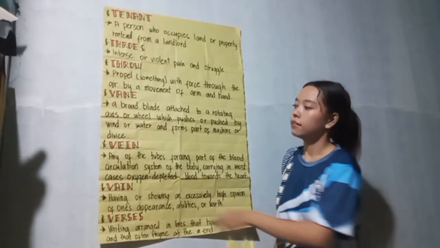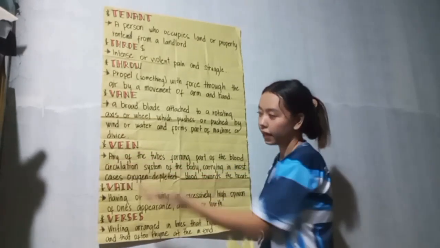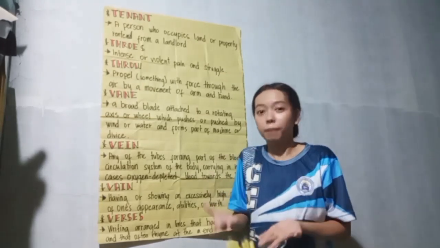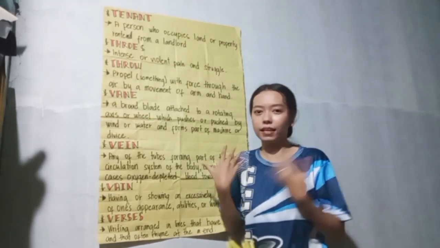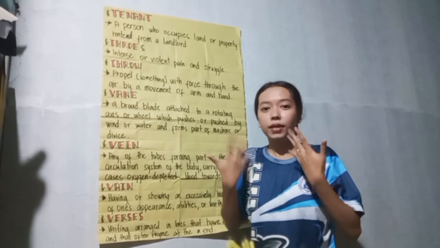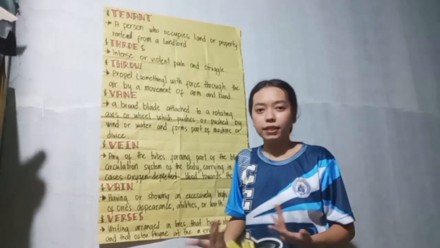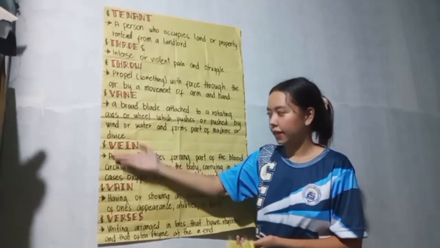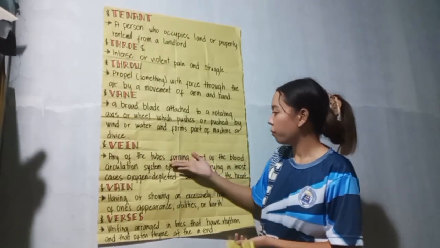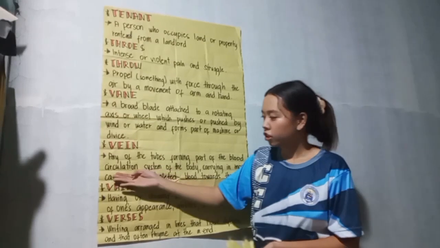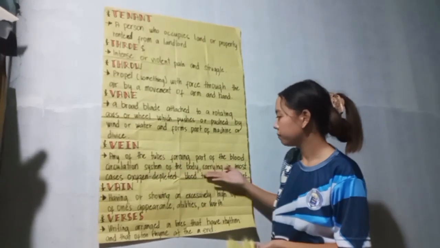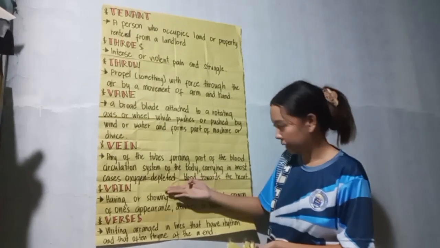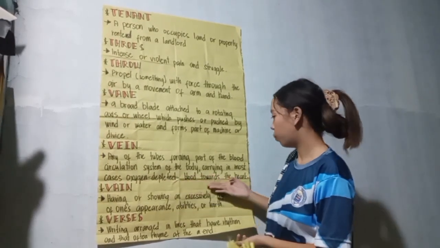Next is vein. Vein, we all know what is vein kasi it's part of our body. Without veins, we cannot live. Vein, any of the tubes forming part of the blood circulation system of the body, carrying in most cases oxygen-depleted blood towards the heart.